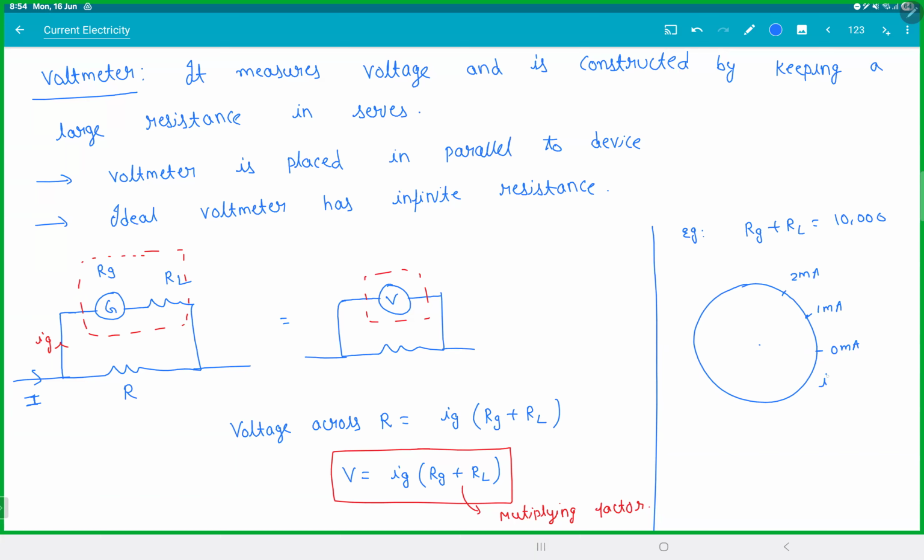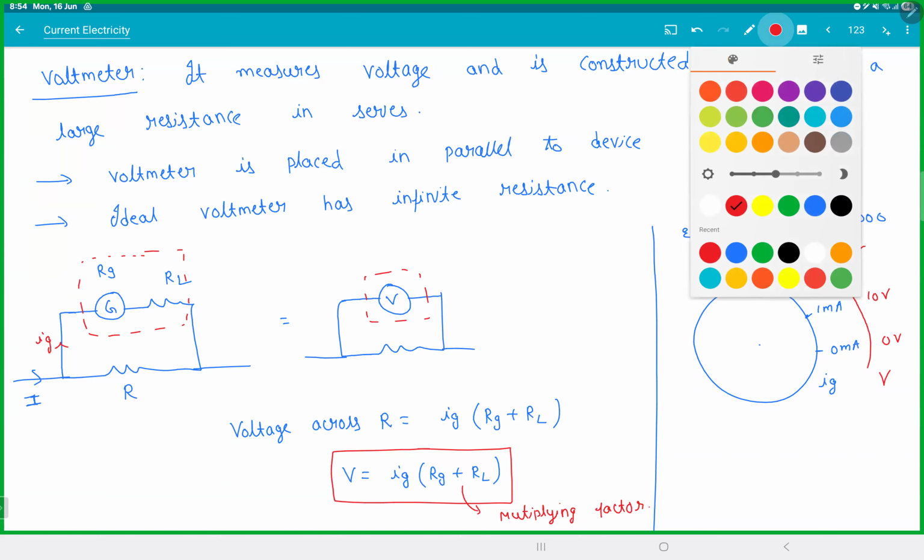So this actually measures IG, but now you have manipulated this device to show voltage. This becomes 0 volt, 10 volt, 20 volt. Are you getting this? So every time the voltage is 10 volt, the IG will be 1 milliampere. So the needle will point towards 1 milliampere, but you have erased 1 milliampere and you wrote 10 volt there.